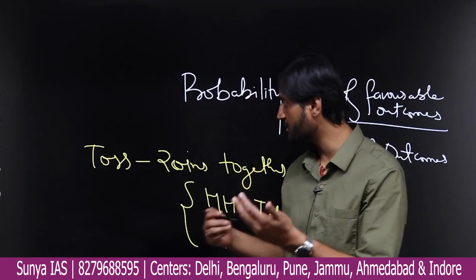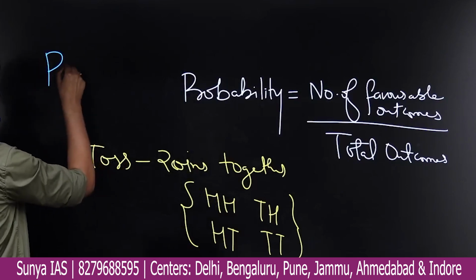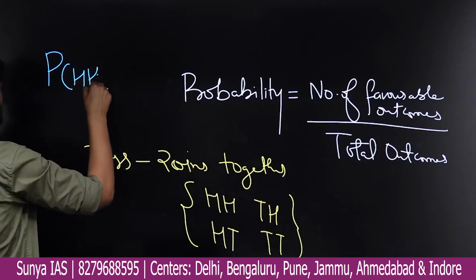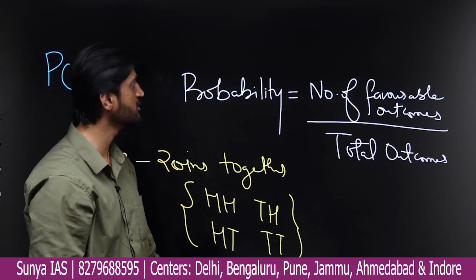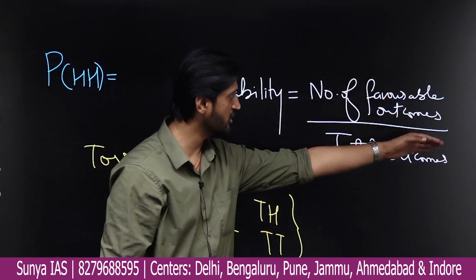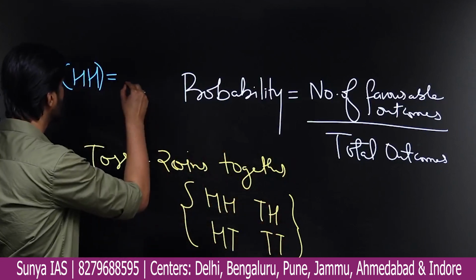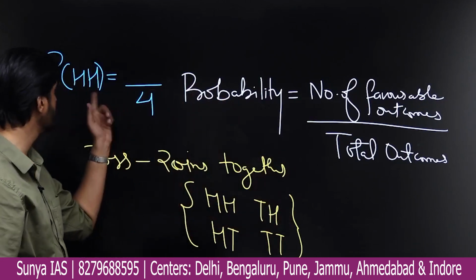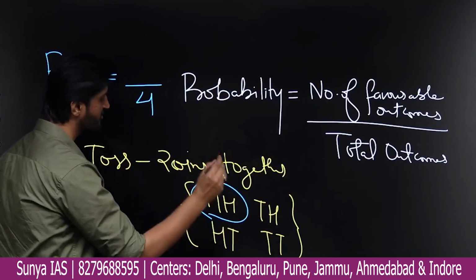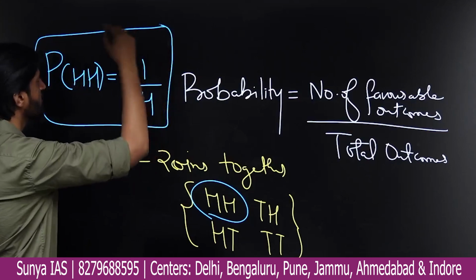Now if I ask you what is the probability of getting two heads, that is simply the number of favorable outcomes divided by the total outcomes. So here the total outcomes are nothing but 4. But how many outcomes are favorable to my condition? There is only one outcome which is favorable, so the probability will be nothing but 1 by 4.